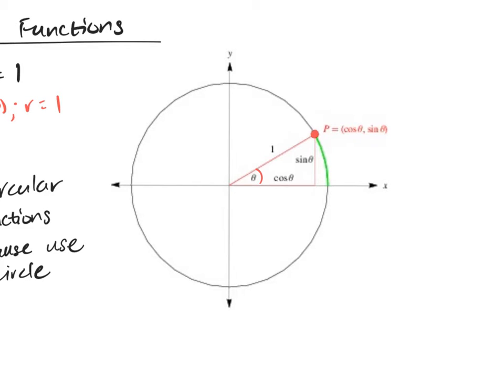That point is usually written as x, y, but with the unit circle, we're going to write it usually as cosine theta and sine theta. And if you notice, cosine theta is the x value, sine theta is the y value, and our hypotenuse is always 1. So any triangle we draw from here on out, if we're dealing with the unit circle, the hypotenuse needs to be 1.